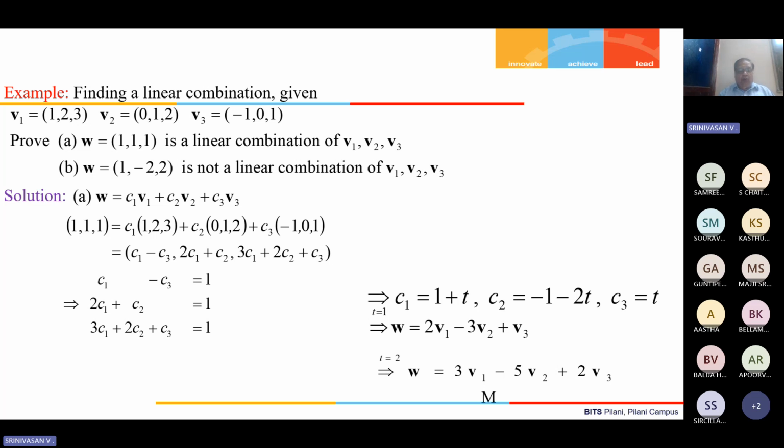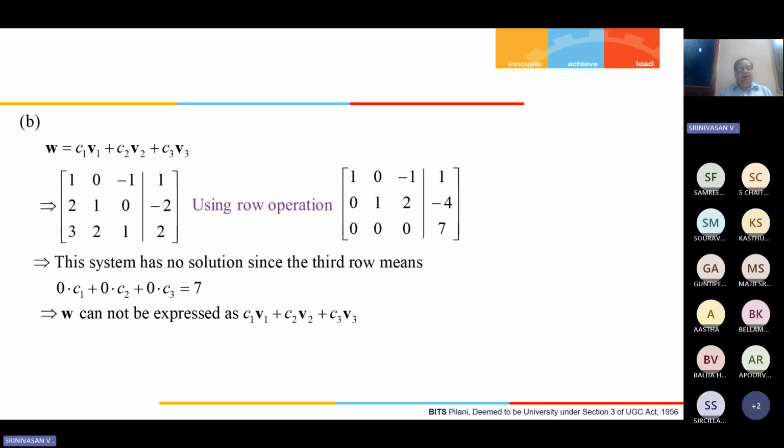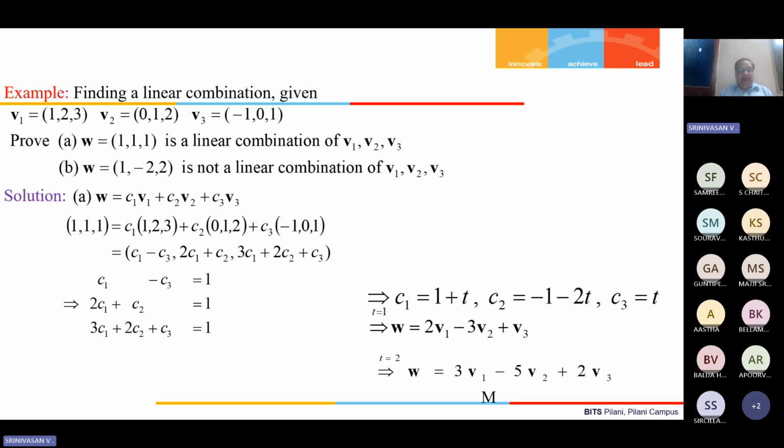So 1, 0, minus 1. Then, you can take it as a row itself, since we are taking it in the linear form as it is. So 1, 0, minus 1, the first components of V1, V2, V3, isn't it?